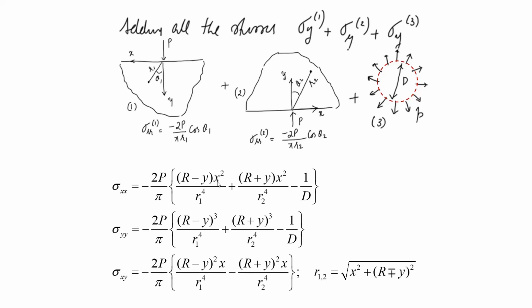And if you remember, when I showed you the isochromatics for a circular disk subjected to diametrical compression, I mentioned that the 0th order fringe will appear along the circumference or the boundary because the stresses are 0 on the boundary.